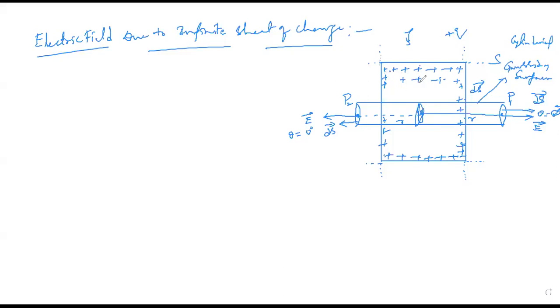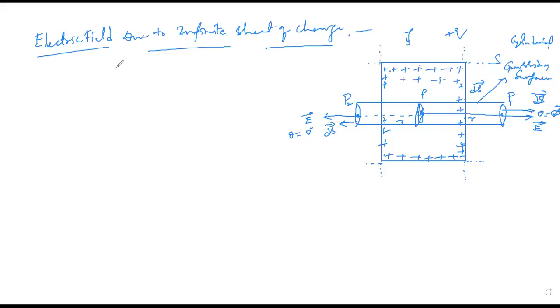We have to get it for the whole sheet. For that, we have to assume a cylindrical Gaussian surface which can cover both the faces, and this particular point P, which I said, can be represented as P1 on one side and P2 on the other side. Correct? Like this. This is the explanation I gave, and the same explanation you have to write in words.